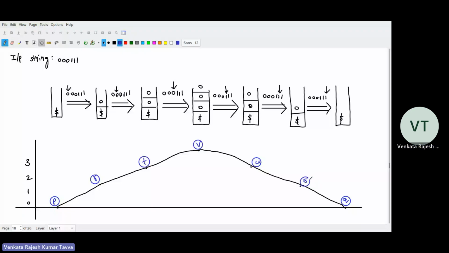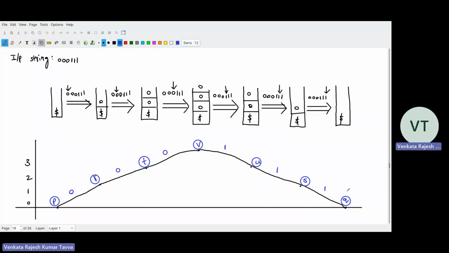Okay. So from state P to state R, it is going on reading the input symbol 0. If it reads one more 0, it goes to T. If it reads one more 0, it goes to V. Now on reading 1, because it's 000111, right? On reading a 1, the stack size is reducing. It is going from V to U. On reading another 1, it is going from U to S. And on reading another 1, it is going from S to Q. Okay. So this entire string 000111 is taking the stack from state P to state Q.